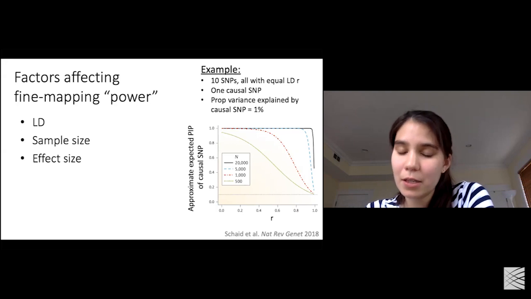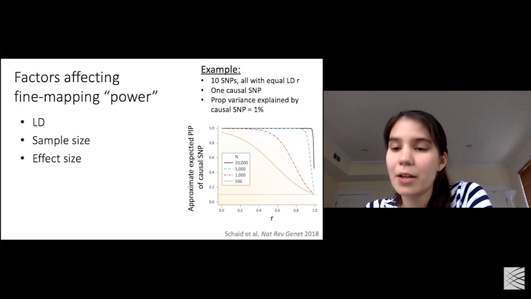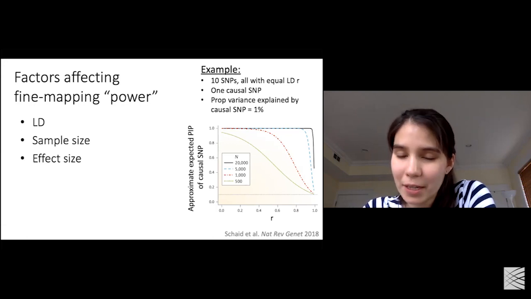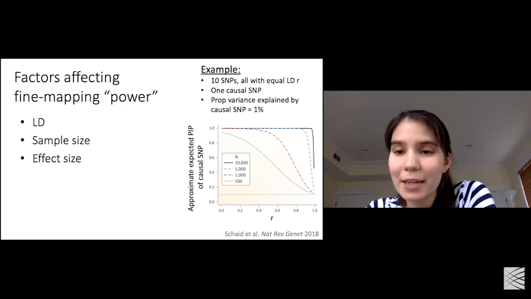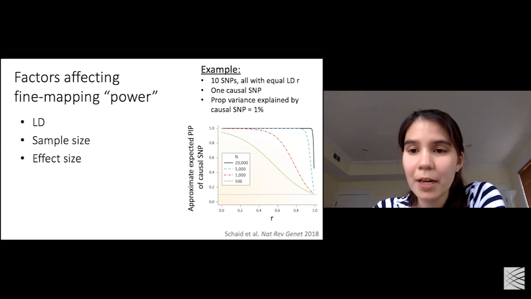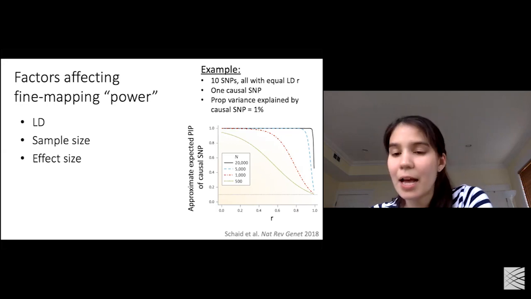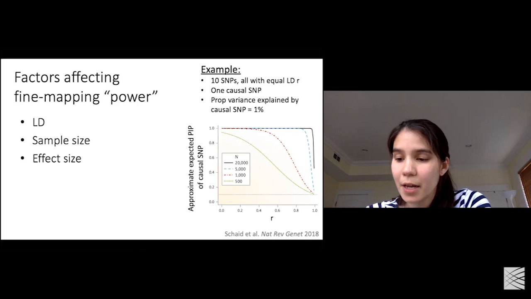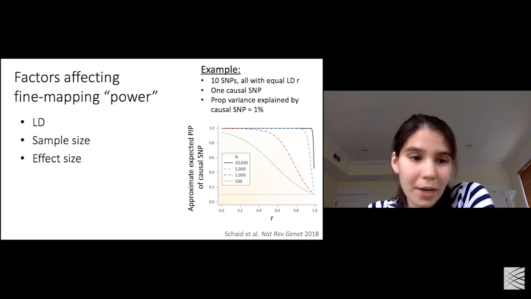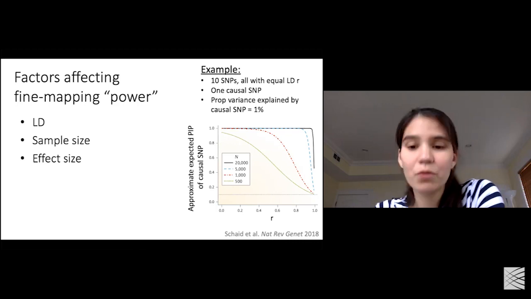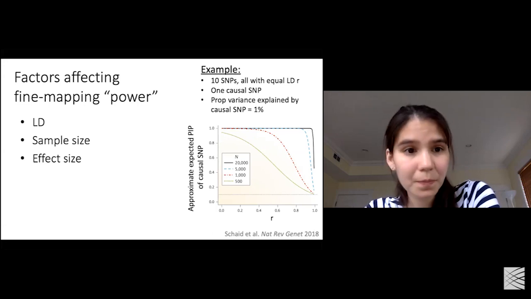And then the colored lines show how as you increase your sample size, you're more and more confident. And so being able to get this quantitative sense of what's the trade-off between LD and sample size as you're trying to zoom in on particular causal variants can be a useful way to build intuition.